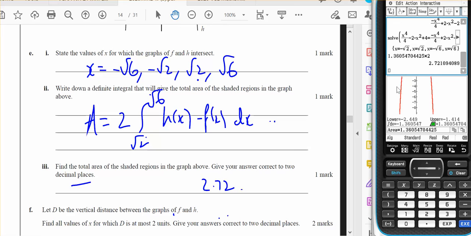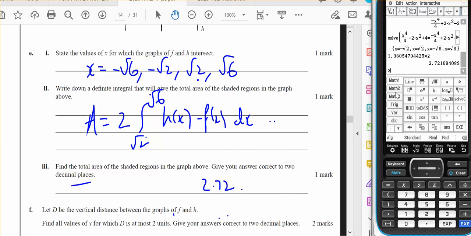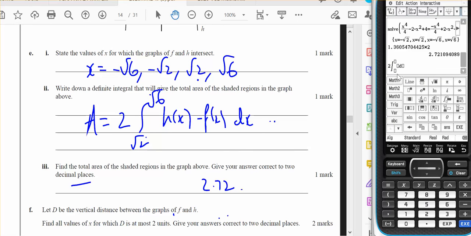I will confirm that it's correct. Keyboard, integral from root 2 to root 6.